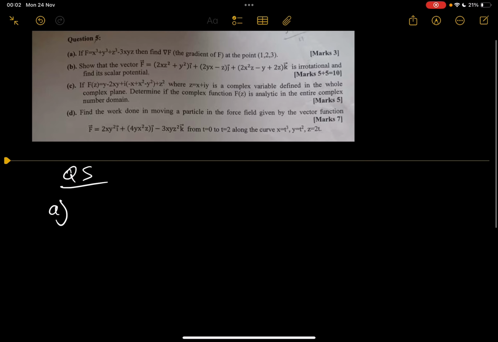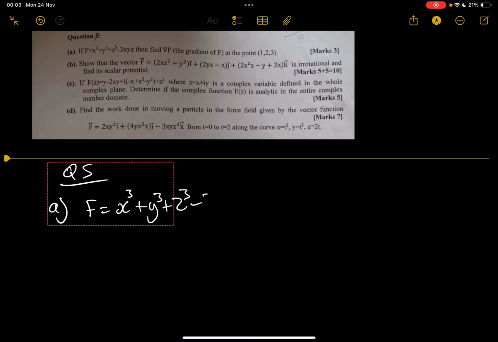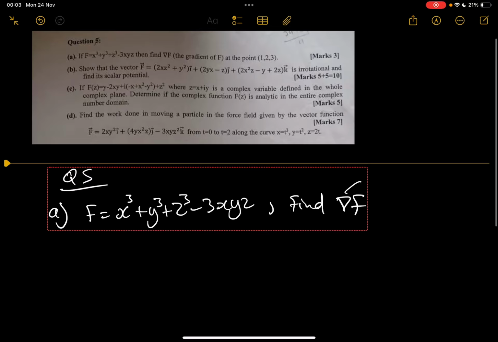So this is question 5a. This is one of the past exam papers for engineering maths 301. So you're saying if f of x is equal to x cubed plus y cubed plus z cubed minus 3xyz, then they're saying find the gradient.